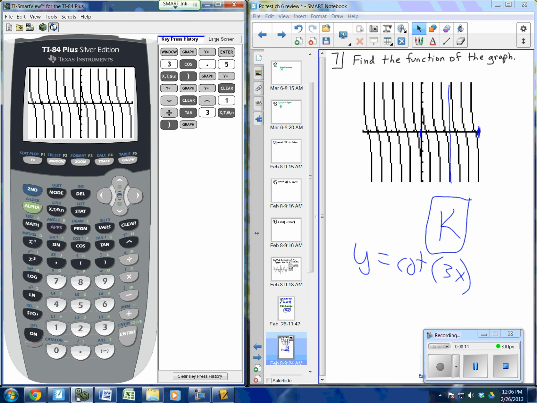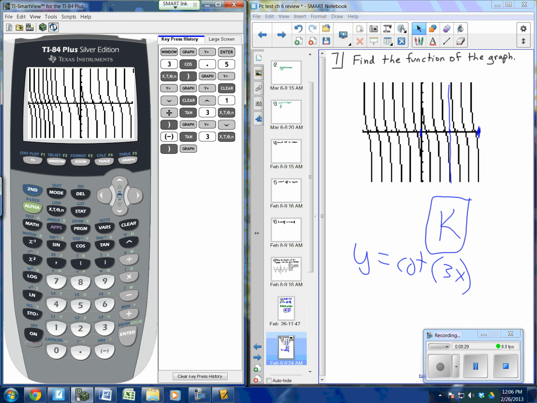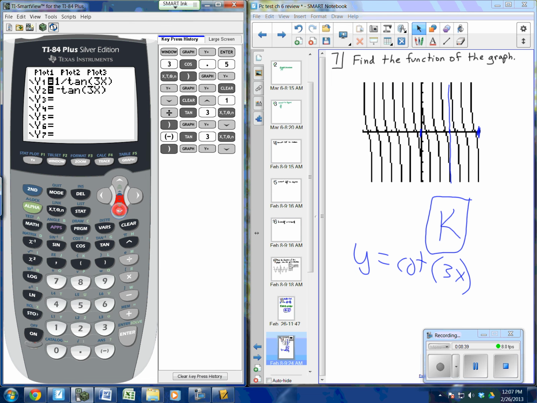Or I could put it in like this. Watch. I just told you, you could put it in as the negative tangent of 3x. I could do it that way. Oh, whoops. Oh, yeah, you have to phase shift it if you put it in that way. I forgot. Well, let's see.